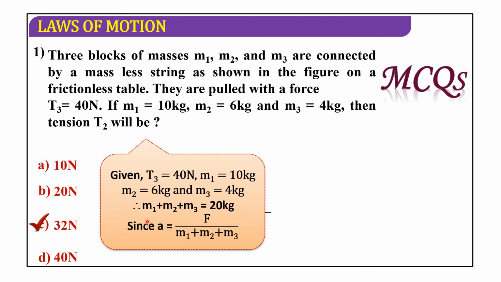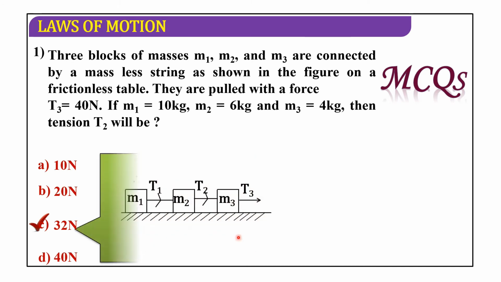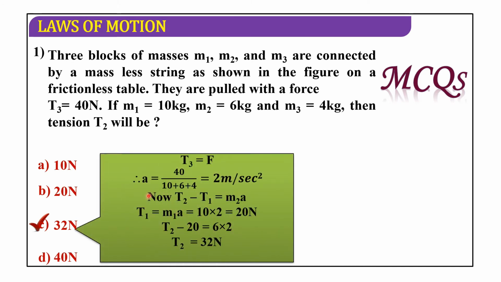So M1 plus M2 plus M3 gives 20 kilogram: 10 plus 6 is 16, 16 plus 4 is 20. A is equal to F by M1 plus M2 plus M3. Substituting values, we get A is equal to 40 by 10 plus 6 plus 4, that is 20. So A is equal to 2 meters per second square.